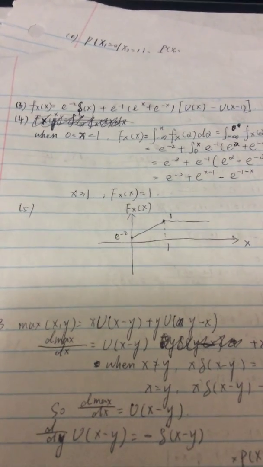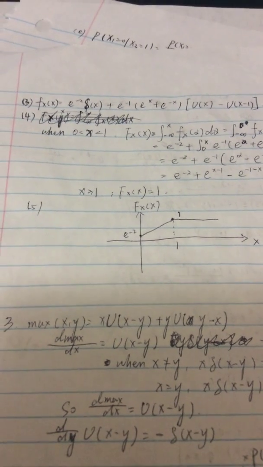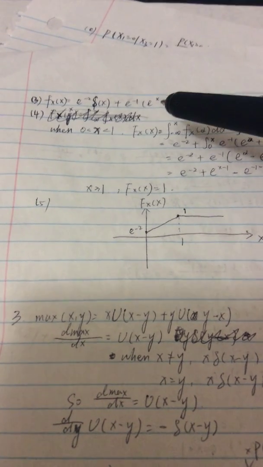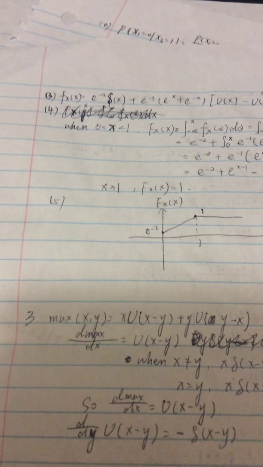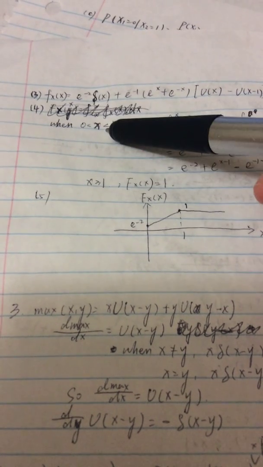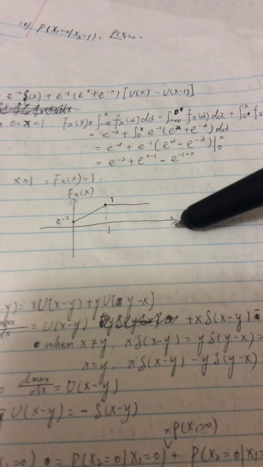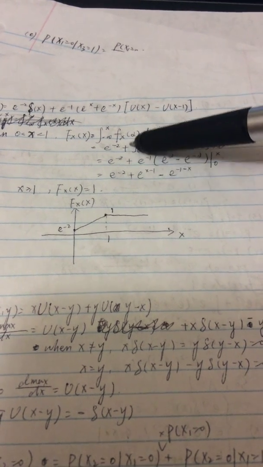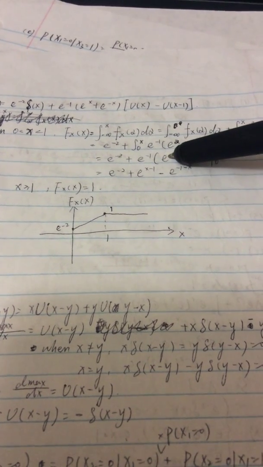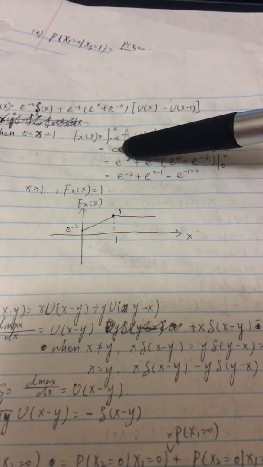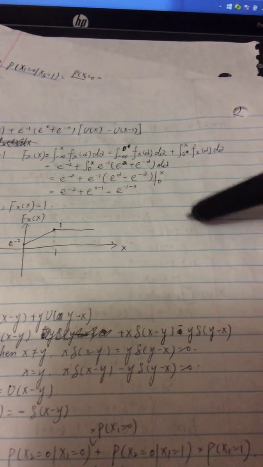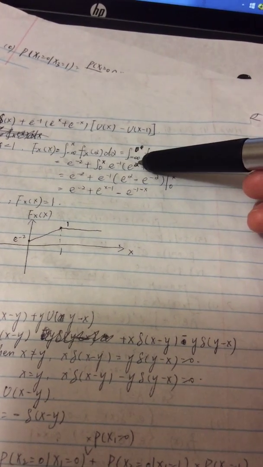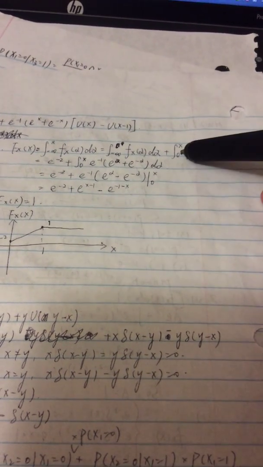Find capital Fx in analytical form. Still, we separate the form of capital Fx in two parts. First, when x is greater than 0 and less than 1, Fx equals the integral of f from minus infinity to x, and then we separate the range into minus infinity to 0 and 0 to x.